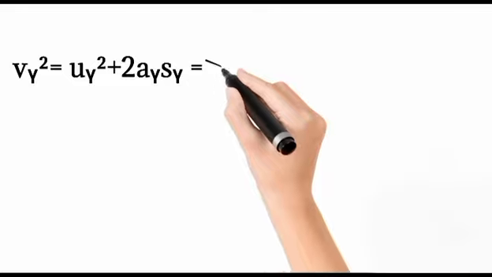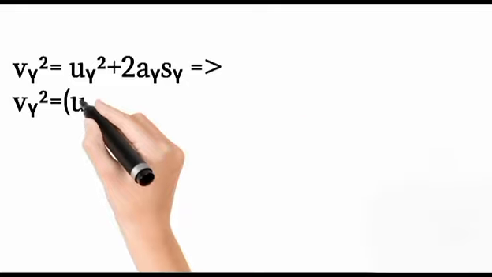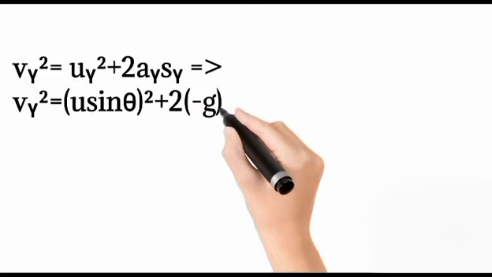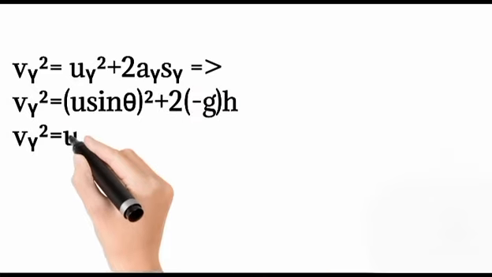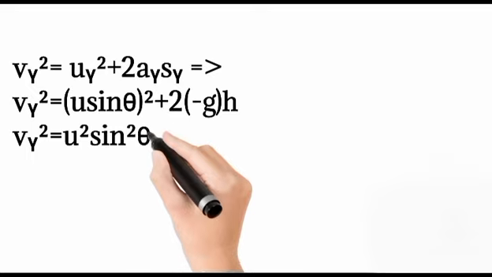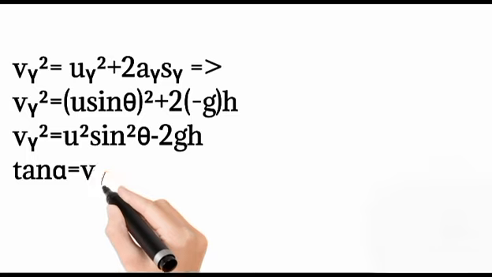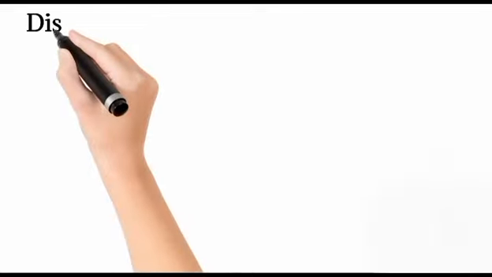Vy squared equals uy squared plus 2ay Sy, and substituting all necessary values, Vy squared equals u squared sin squared theta minus 2gh, and tan alpha can be given as Vy on Vx.